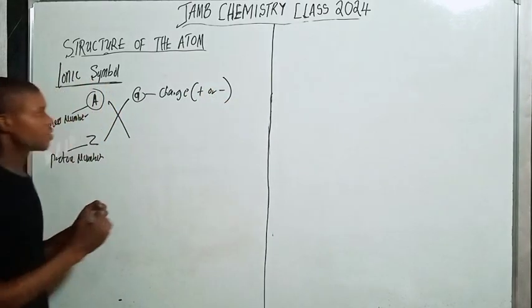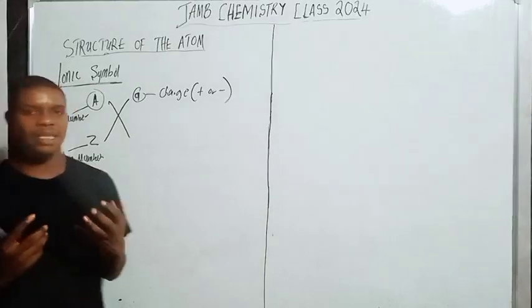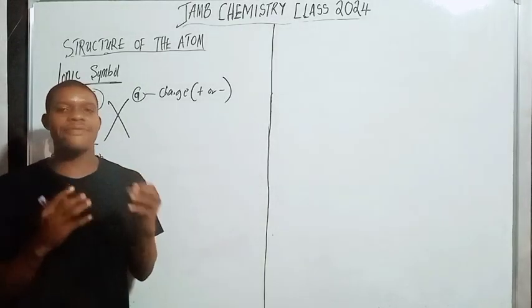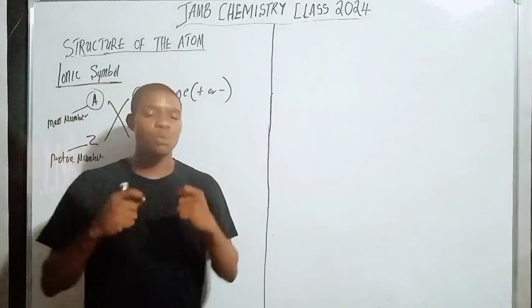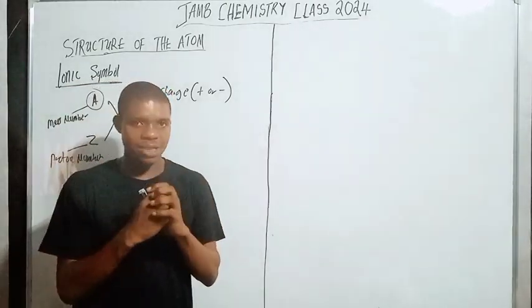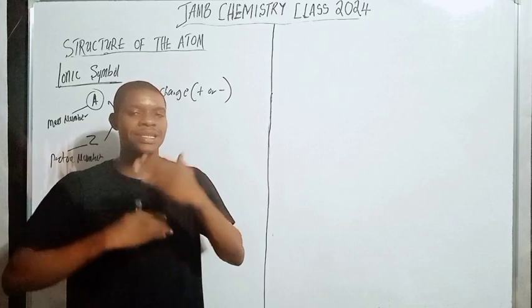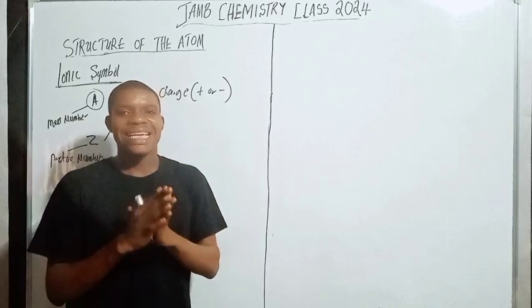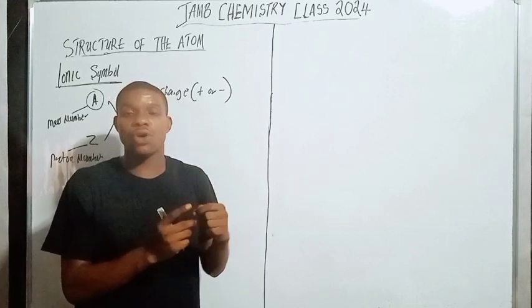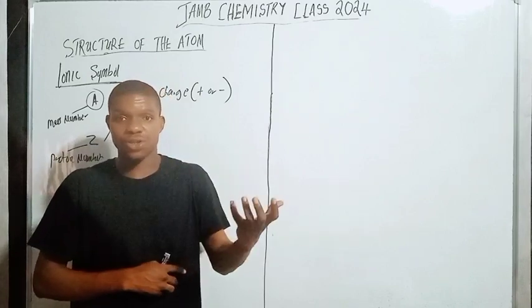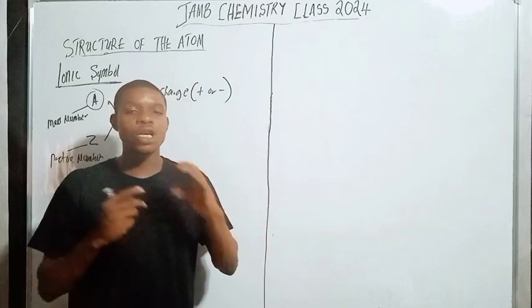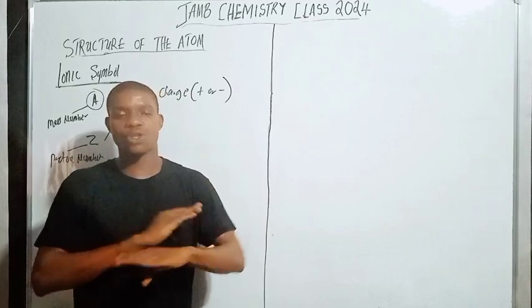Okay. Now, understand that whenever an atom undergoes chemical changes, it involves chemical reaction. It only makes use of the electron number.